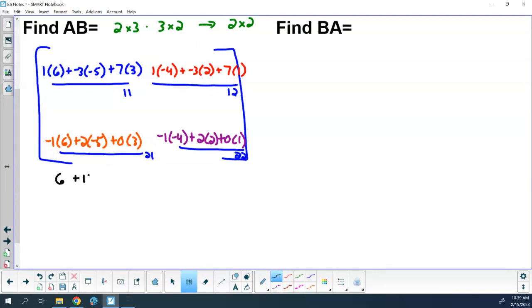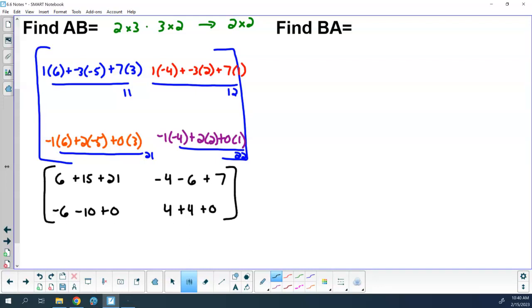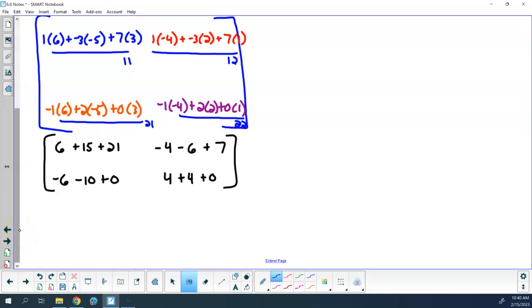Six plus 15 plus 21. Negative 4 minus 6 plus 7. Negative 6 minus 10 plus 0. 4 plus 4 plus 0. 6 plus 15 plus 21 is 42.